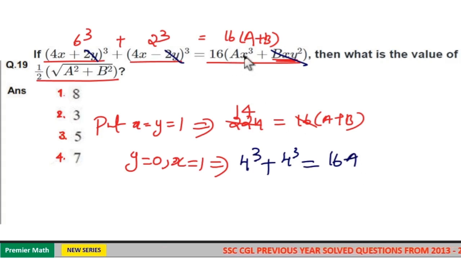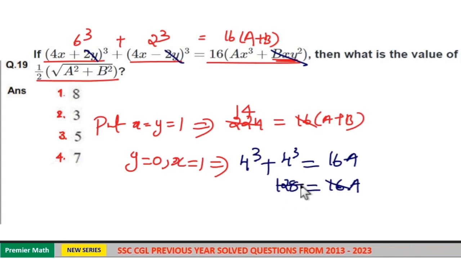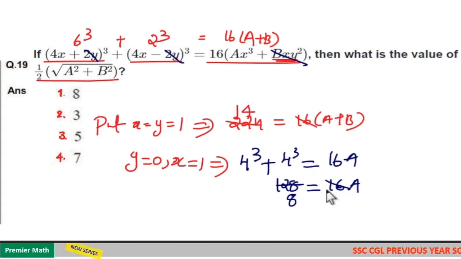Ax cube will become a. Now 4 cube is 64, 64 plus 64 is 128. 128 is equal to 16a means 16 goes 8 times in 128. So here a is equal to 8.